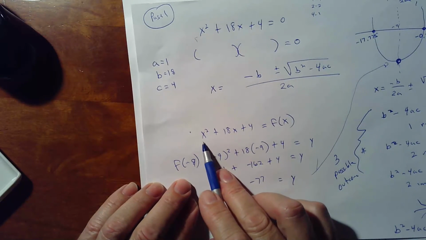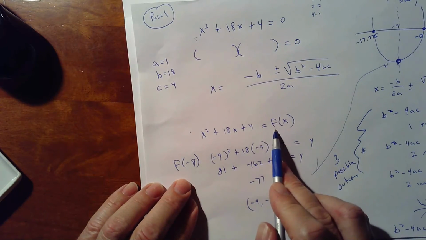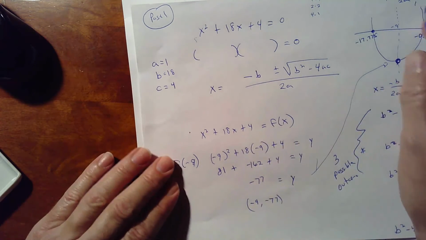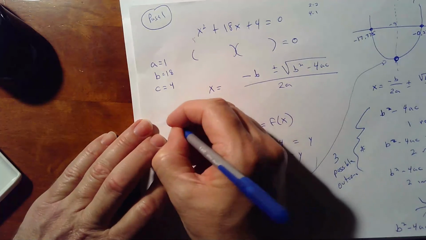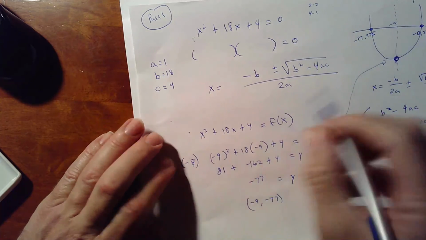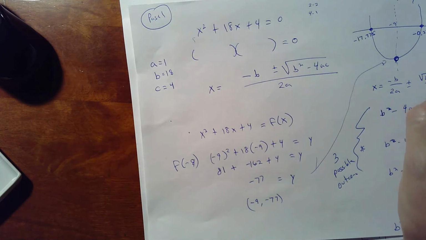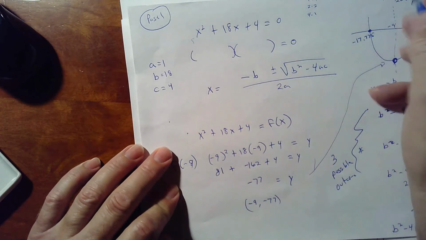Right, and then we evaluated that original function. Here I evaluated that original function. We did it up here actually. So we looked for the x vertex, which was negative b over 2a. We plugged in the negative b over 2a, we get this negative 9.